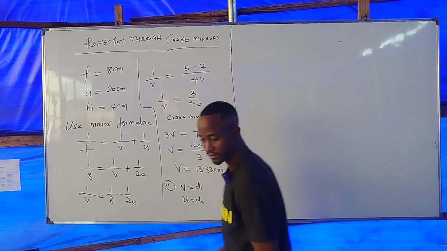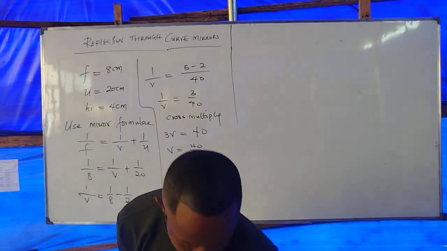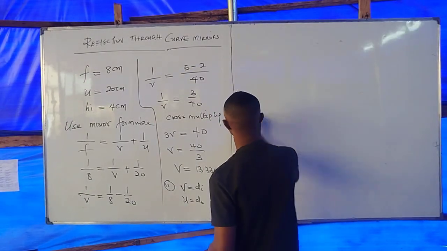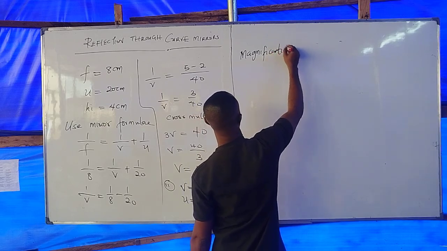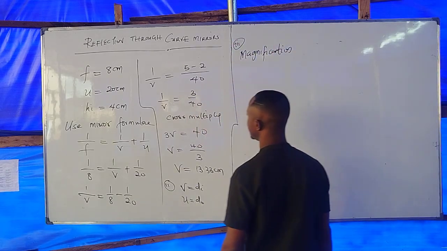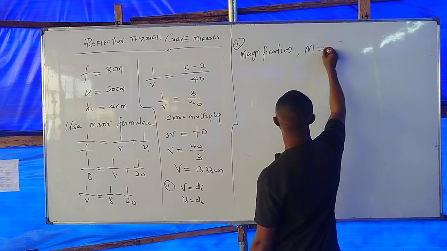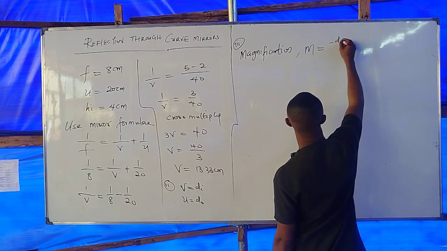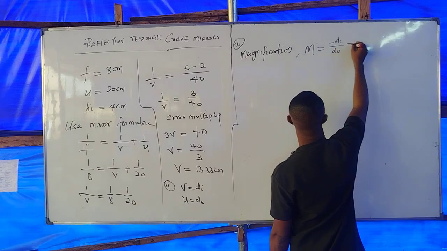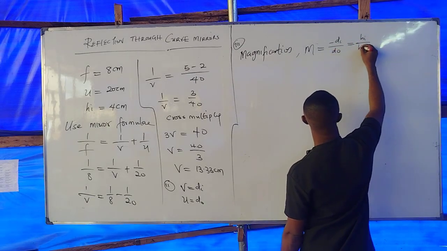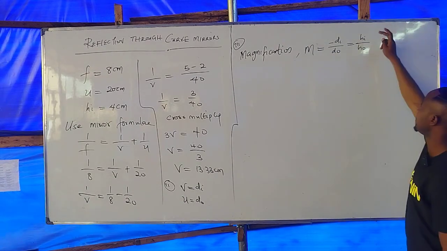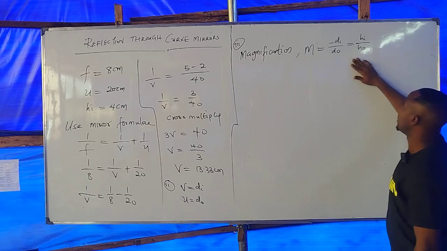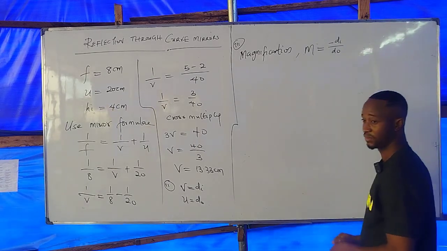Number 3 says find the magnification. What is the formula? M equals minus DI over DO, or HI over HO. Which one will I use? We only have HI, we don't have HO, so I will not use this one. Do you get the gist now?